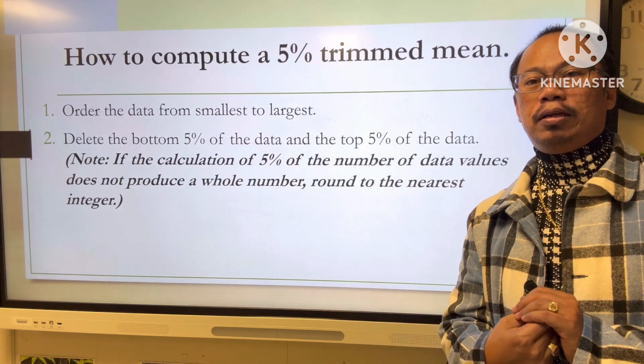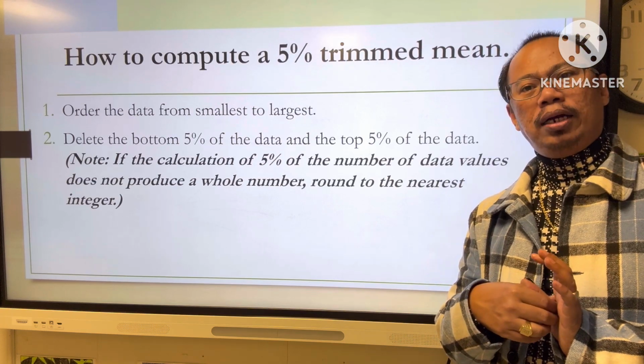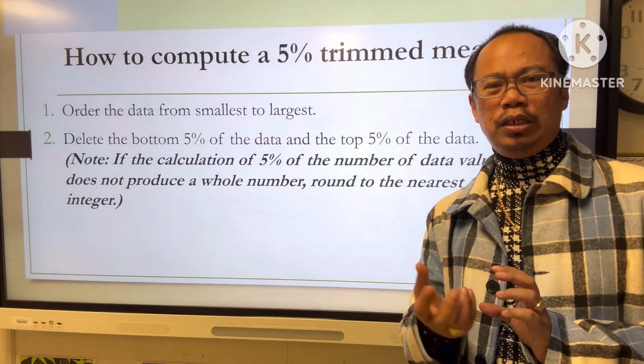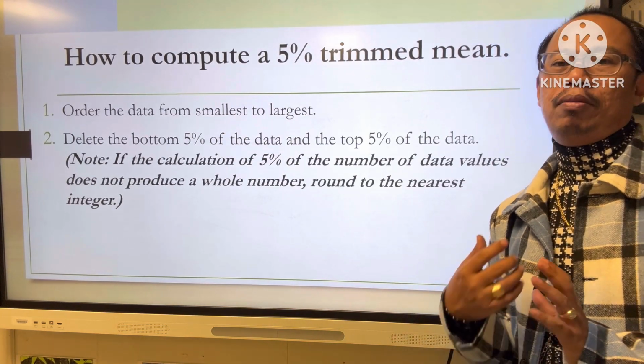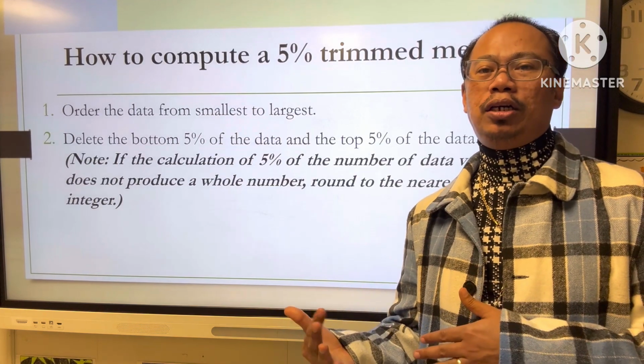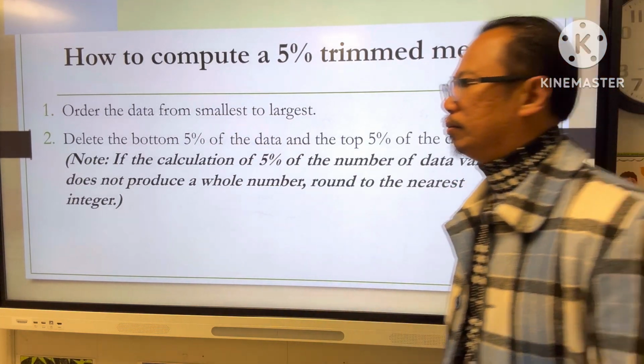For example, if you got 0.45, you're going to have 1. If 0.91, you got 1. Some of the computations are exact, but some are not, of course. Once it is not exact, you round it up to the nearest number.